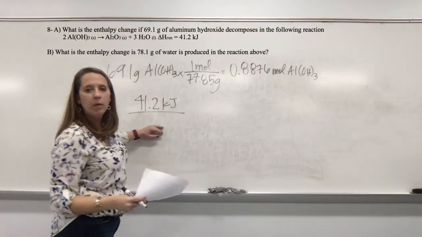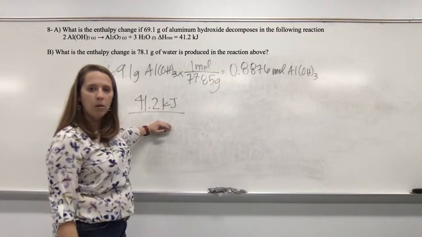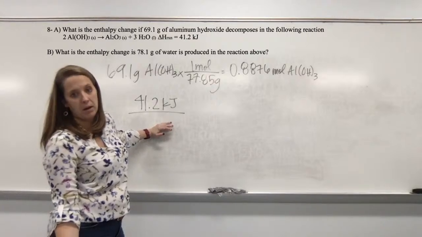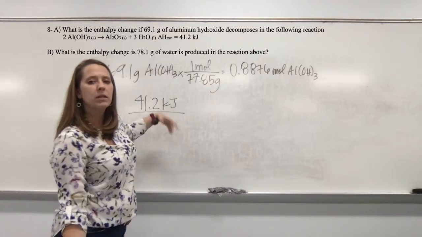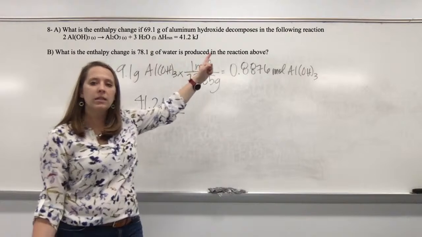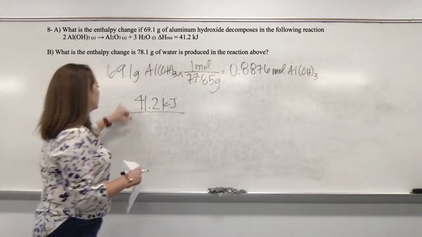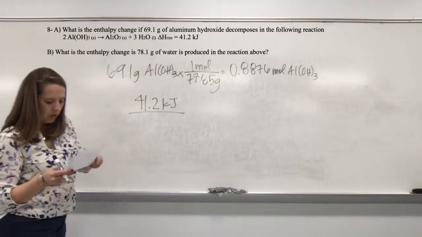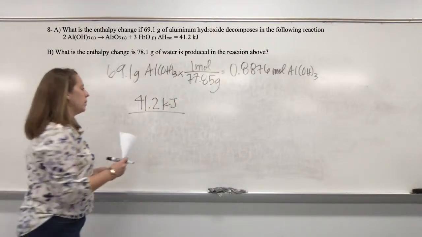Now what a lot of people want to do is just plop a per mole under there. And that's probably not the best plan. But what we can do is say per mole based on whatever we see in the problem. So it's per 2 moles, right? Yep, 2 moles of aluminum hydroxide.